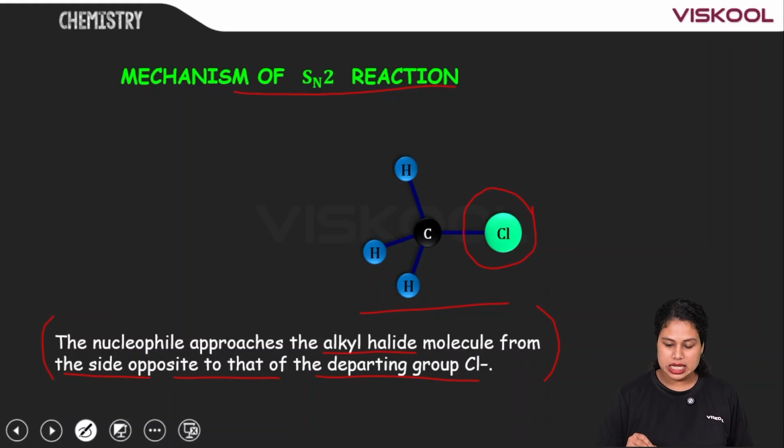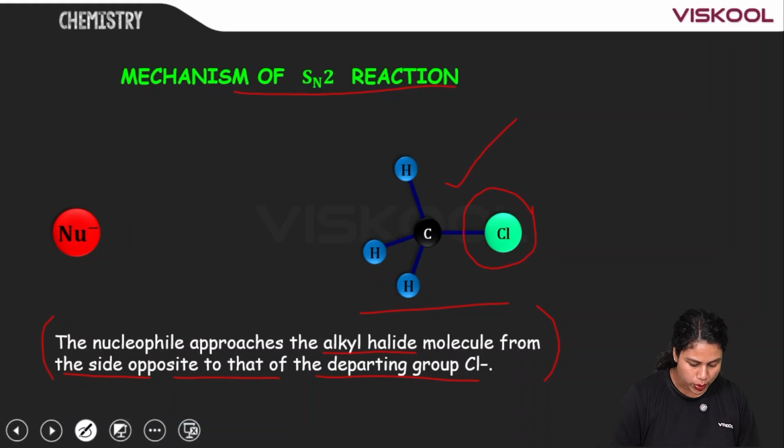Here you can see Cl is present on the right side. Therefore, the nucleophile approaches our alkyl halide from the left. This is what is meant by the sentence: the nucleophile approaches the alkyl halide molecule from the side opposite to that of the departing group Cl.